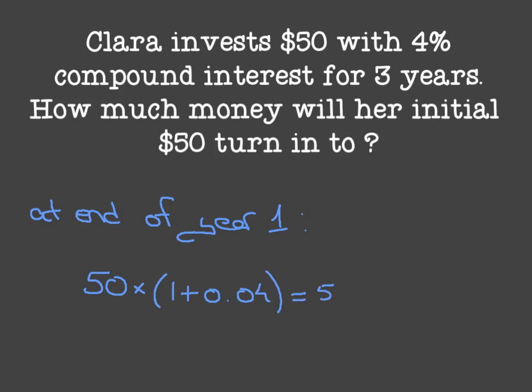That's equal to 50 times 1.04. And with your calculator, you should find 52. So by the end of the first year, Clara has $52.